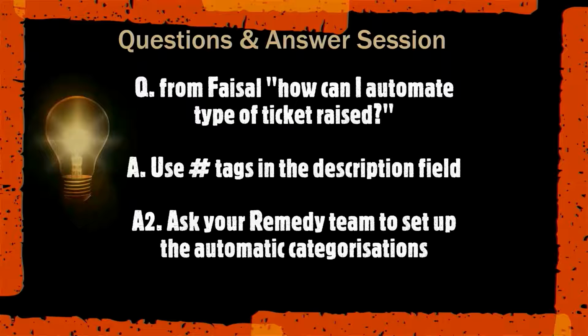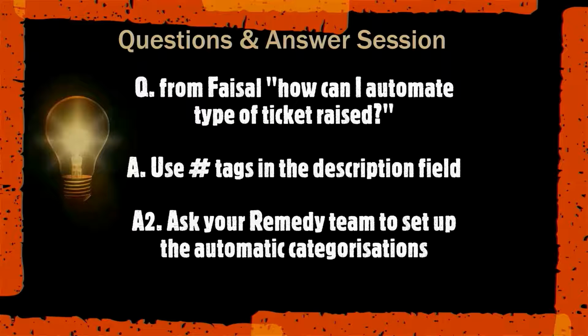And what you really need to do is go back and make your case and say, hey, look, I've got this Remedy system and you've given me this to analyze problems, and I'm a problem manager. In order for me to do my job, I need better categorization of what's happening.